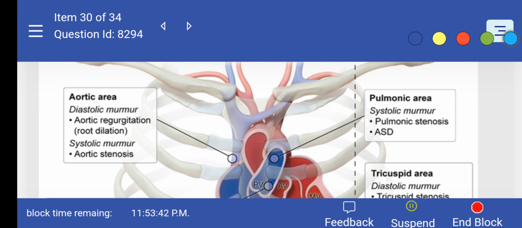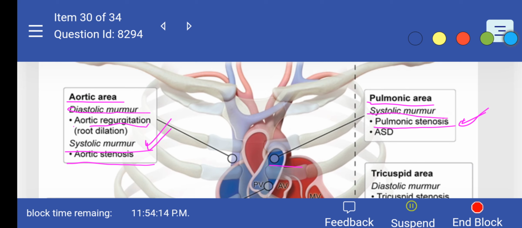So, as I mentioned, this is the aortic area, second intercostal space on the right side. This is the pulmonic area, second intercostal space on the left side. So, if there is aortic regurgitation, that will produce a diastolic murmur. If there is stenosis, aortic stenosis, that will produce a systolic murmur, right? Okay. Now, on the left side, this is called the pulmonic area. If there is pulmonic stenosis, as I mentioned, that will produce what?